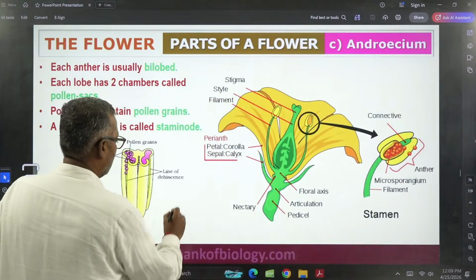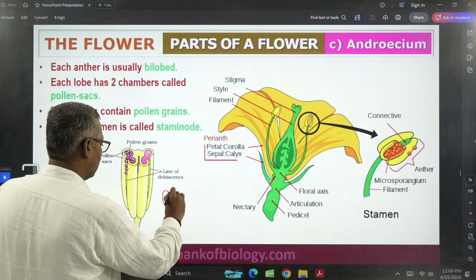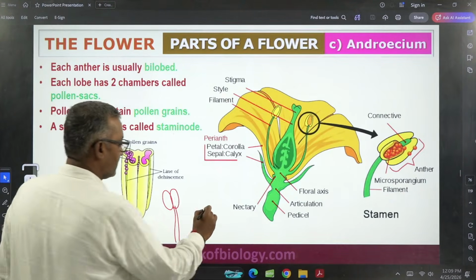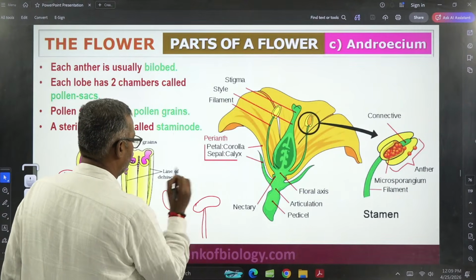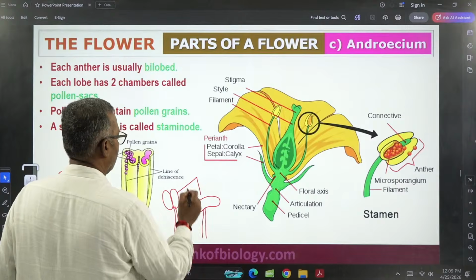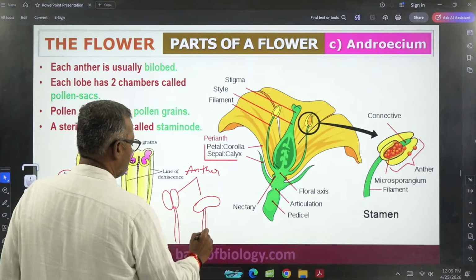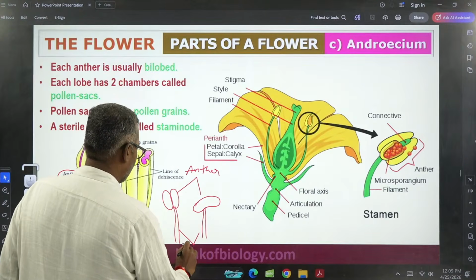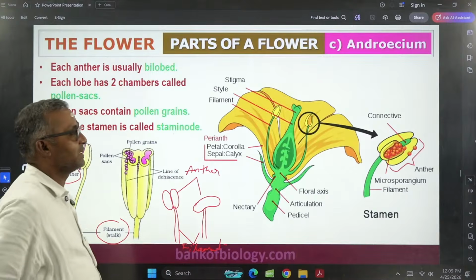Look at the board. Now this is filament and this is anther. Similarly, this is filament and this is anther. So what are these? Anthers. And what is this? This is filament. So filament and anther, two things you can see in a stamen.